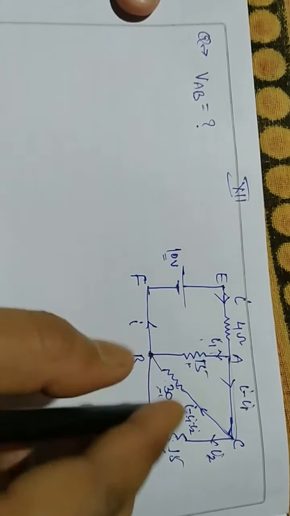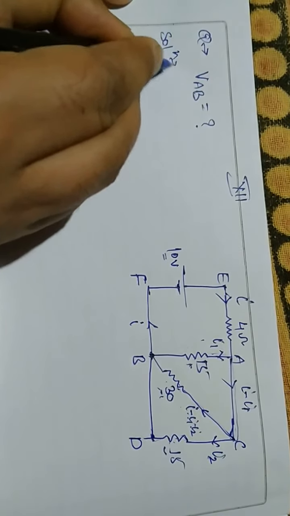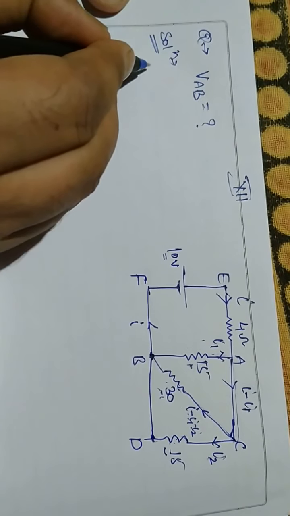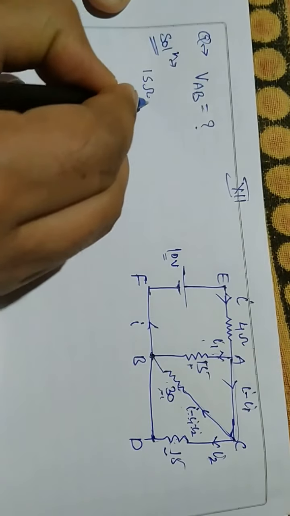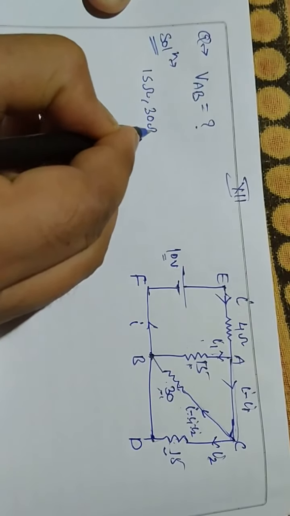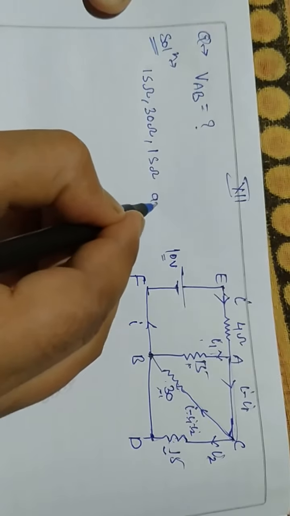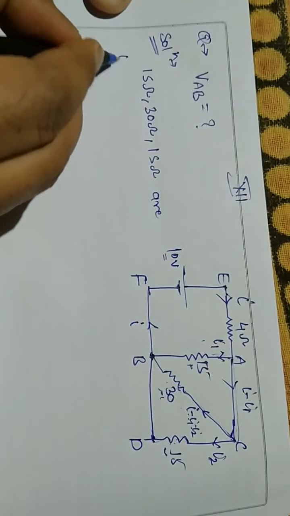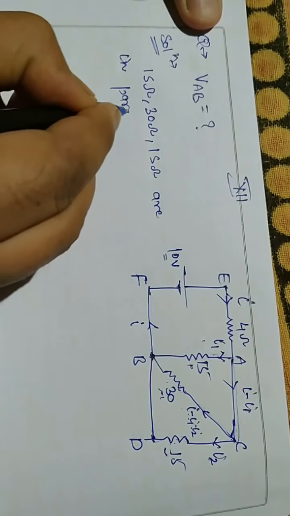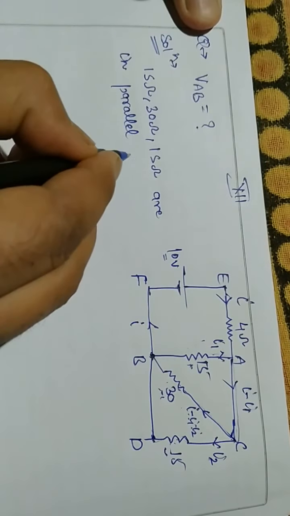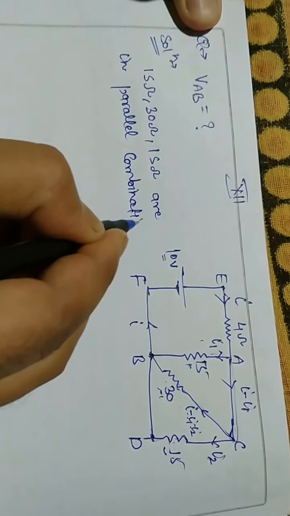Okay, so we can write 15 ohm resistor, then 30 ohm resistor, and then again 15 ohm are in parallel combination.